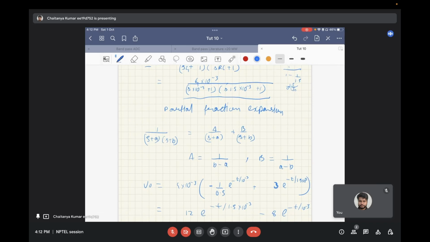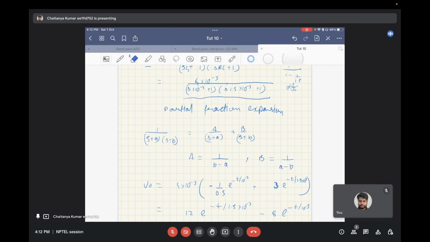Now the rule for partial fraction is, let's say you have 1 upon (S plus a) into (S plus b), that can be broken into capital A upon S plus small a plus capital B upon S plus small b, where capital A is equal to 1 upon b minus a. So basically you put the root of one of the factors as S in the rest of the other factors, and accordingly you calculate.